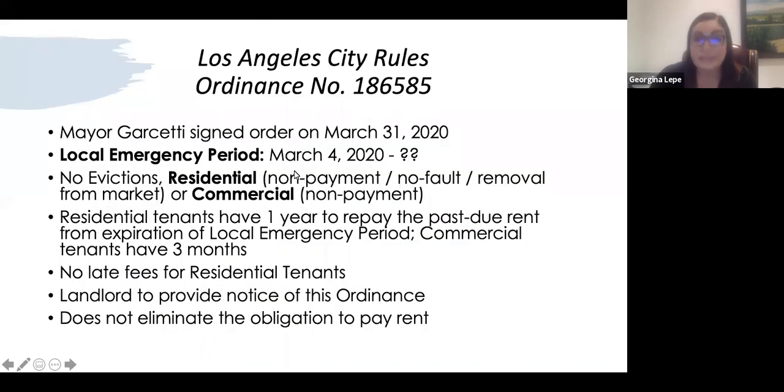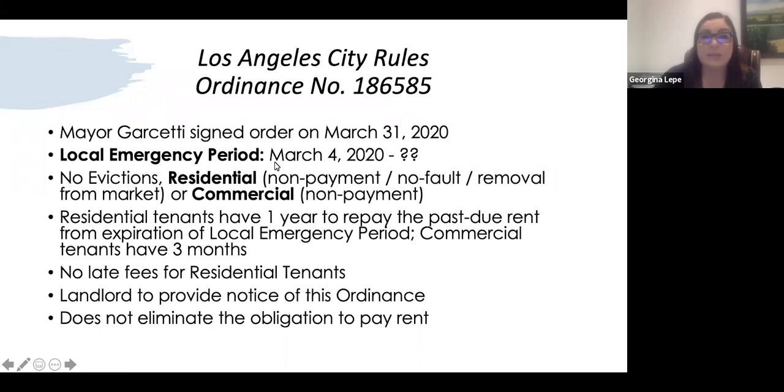The city of LA implemented this order. This was signed on March 31st, 2020. Mayor Garcetti declared the city of LA to be in a local emergency period that began on March 4th, and it ends, we have no idea. So in the city of LA, if it's a residential property, absolutely no evictions can take place.